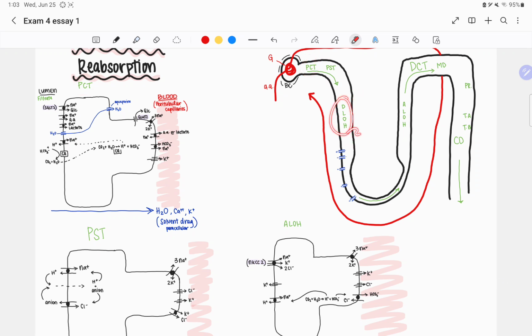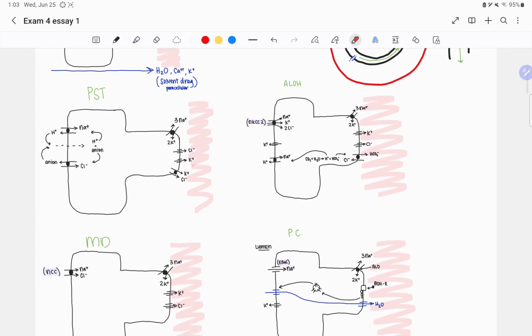But a lot of water is reabsorbed here in our descending loop of Henle, okay? And that's all we have. No ions are leaving, only water here in this area, okay? Then on this opposite side, right about here, it switches. And now no water can get through, only ions are getting back out into the blood. That's going to be important.